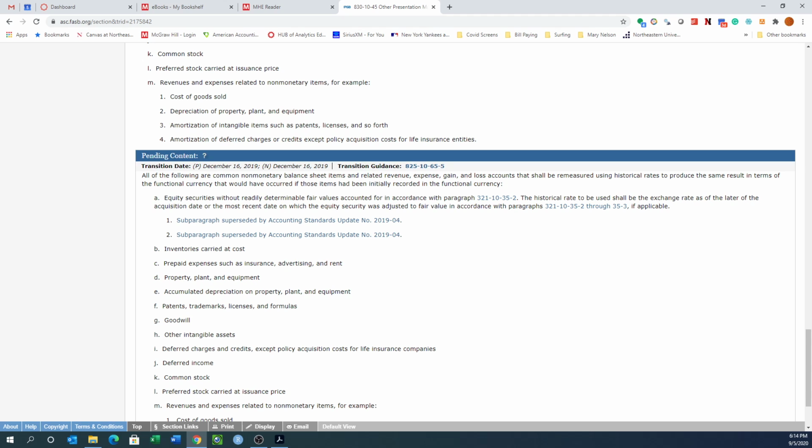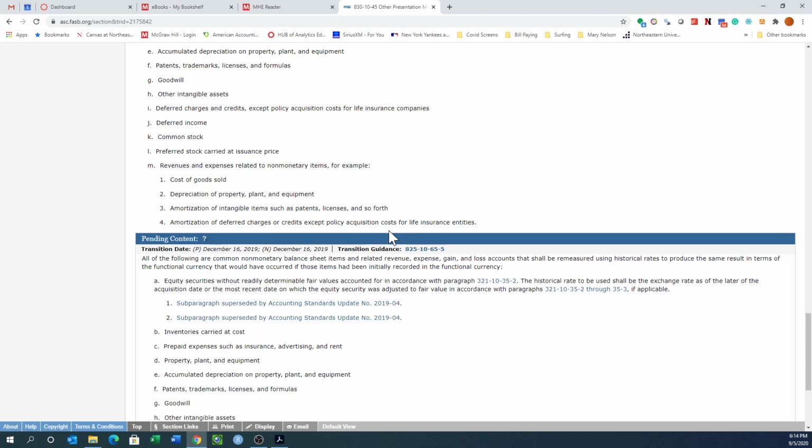But if it has a ready market value, all of that fair value change from the purchase of equity securities in the current literature goes through income, which would include the foreign currency exchange rate. So everything related to equity securities already goes through fair value, right? So if this is in the euro, then for all those equity securities with a fair value, any of the exchange effect in fair value also has to go through income as well.